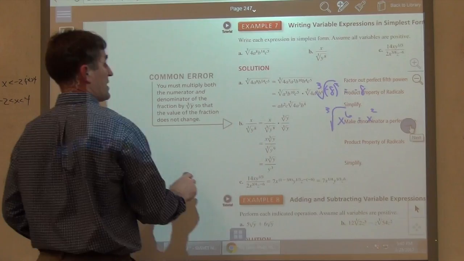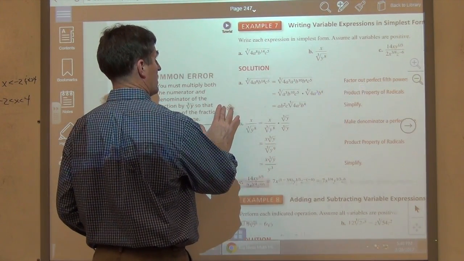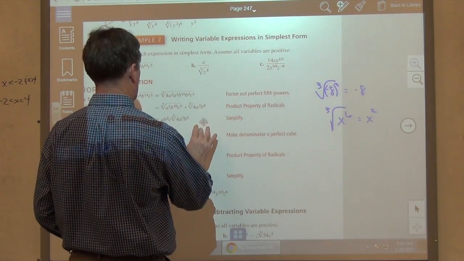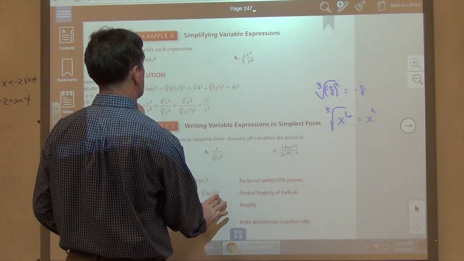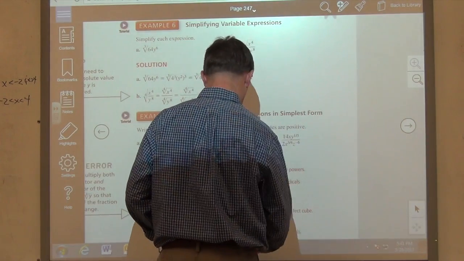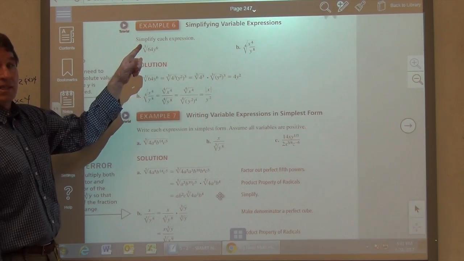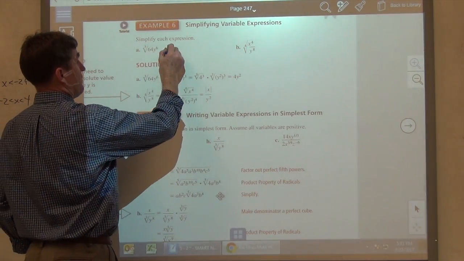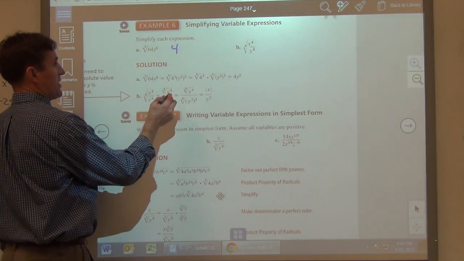So let's take a look at examples of this. The index is odd, so I don't need to worry about keeping track of that. I just see the cube root of 64, which is 4. And then I'll show you, the book does it this way.